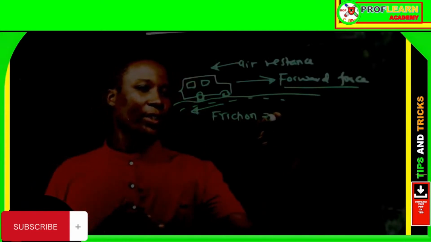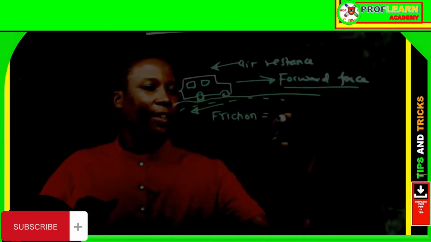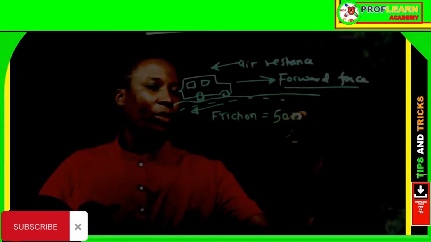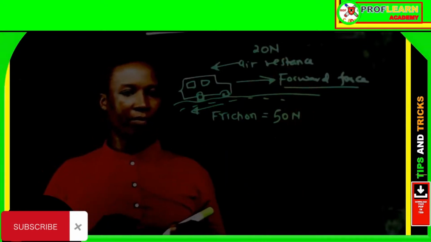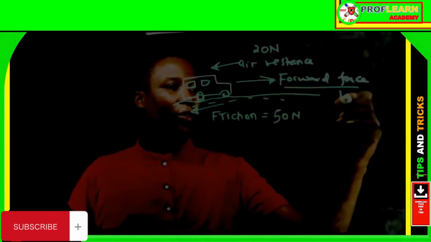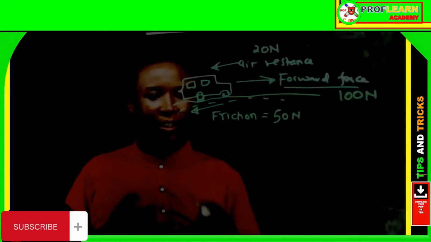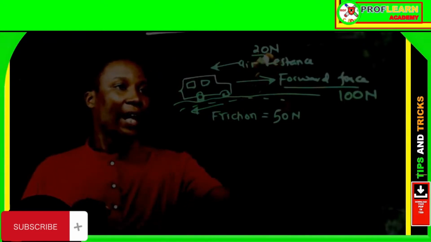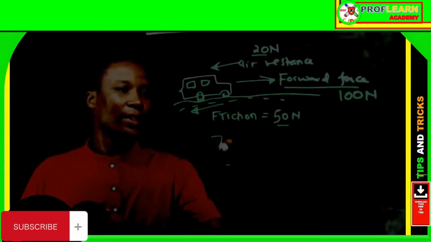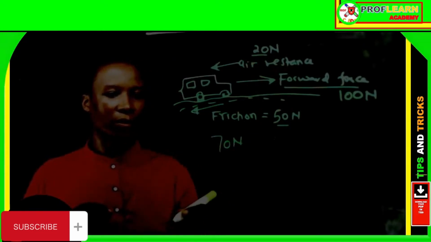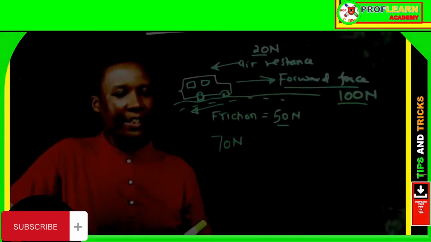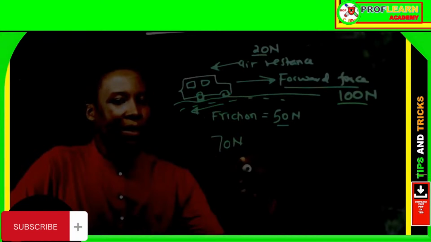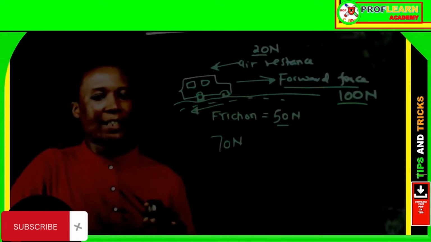So suppose we say the friction force is 50 Newton and the air resistance is 20 Newton. The forward force is 100 Newton. Then it means if we add this and this, we're going to get 70 Newton. And since the forward force is 100, then there will be a forward resultant force.